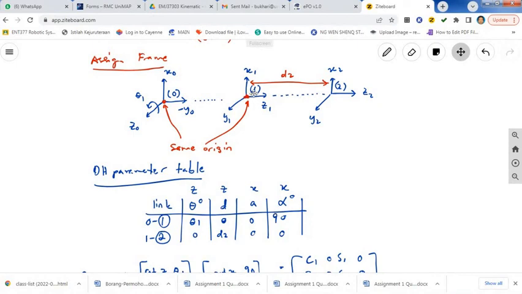And then from frame 1 to frame 2, do we see any axis change or not? Z is similar, X is parallel, Y is parallel. So there is no change on X. But you have a Z distance, a prismatic joint distance. So you have D2.